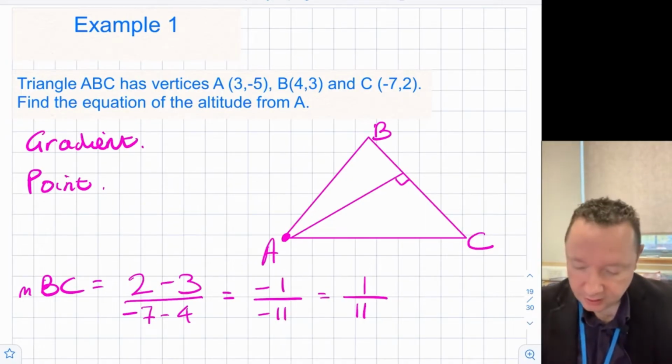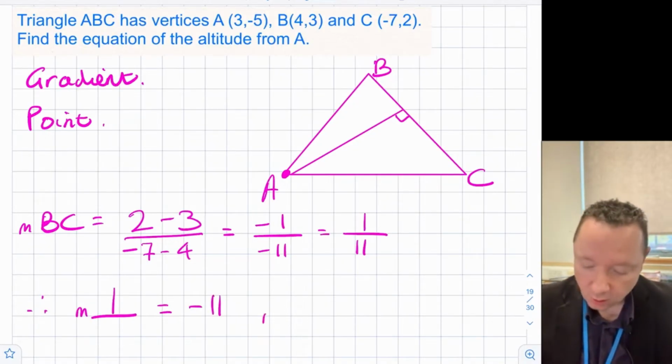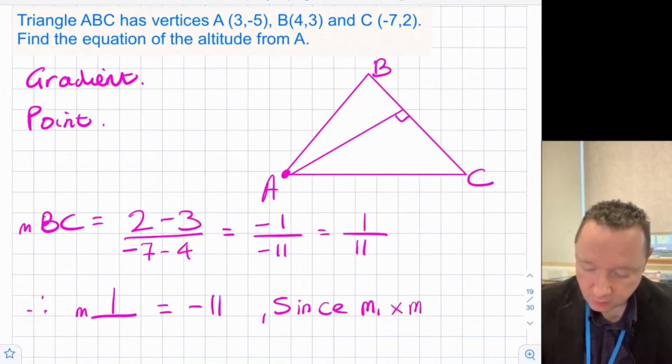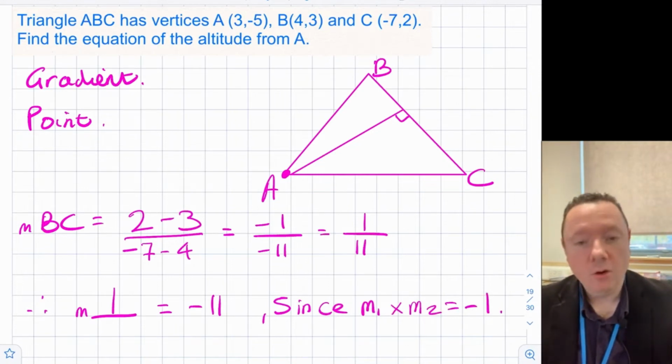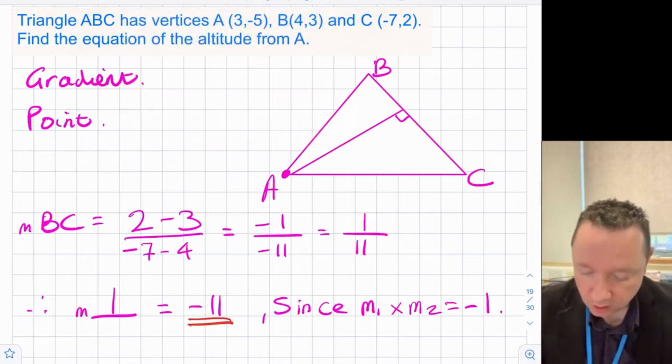So we know the gradient of BC, and since it's an altitude, the gradient of the perpendicular equals -11, because of negative reciprocals. And we always need to write our little statement: since m1 times m2 must equal -1. So we've now got our gradient. Let's highlight that with a red mark. So that's what we need.